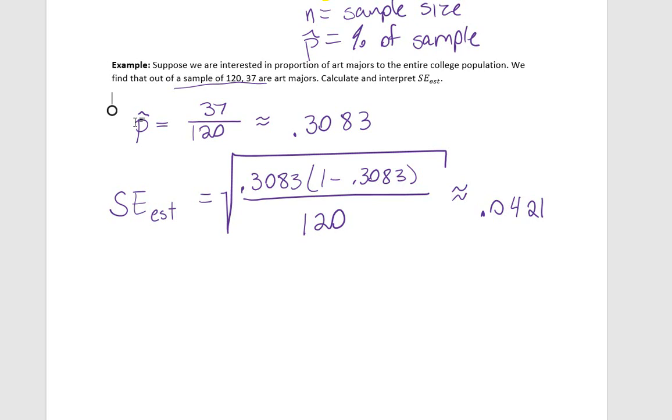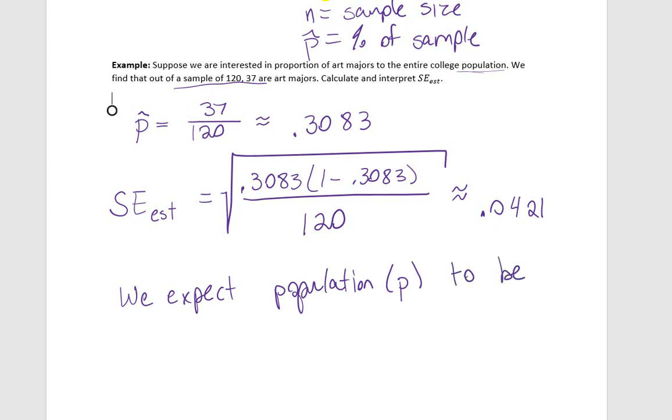So usually we would have p and we would say something about p hat. So we have p hat now, we want to say something about p. So this means that we expect the population, which is p, to be 30.83% art majors.